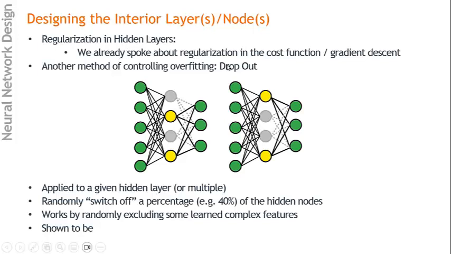One way to do this is something called dropout, where instead of using all the nodes all the time on all the instances, you randomly switch off different nodes at different times. So what this does is it builds some robustness into the network. So the network has multiple ways of determining the correct result.